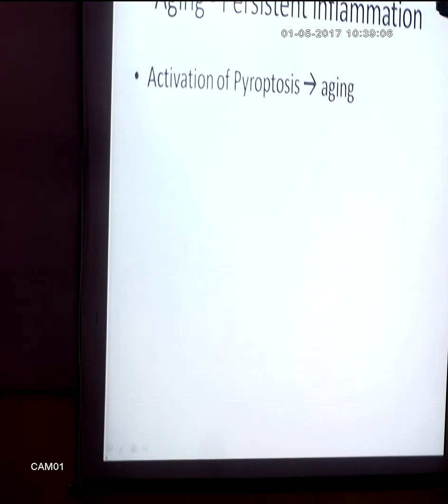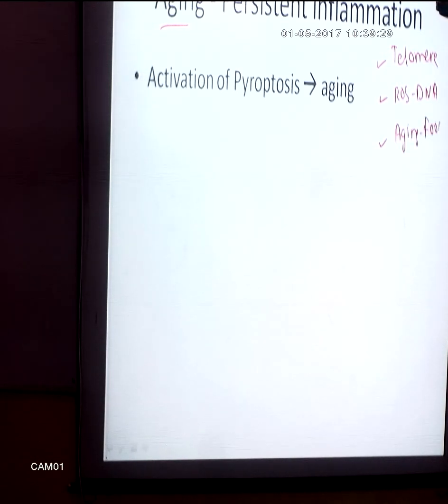So the next advancement, the last one in the first chapter, is aging. There are various theories of aging: telomere shortening, the accumulation of free radical induced DNA damage, the recent link between aging and food intake.